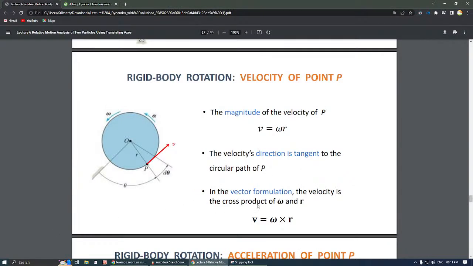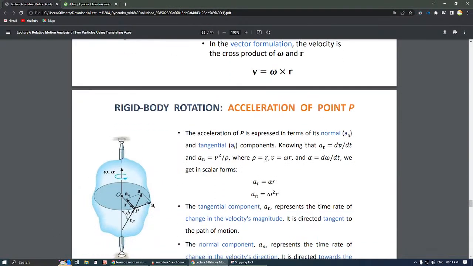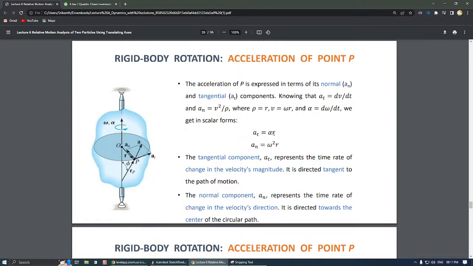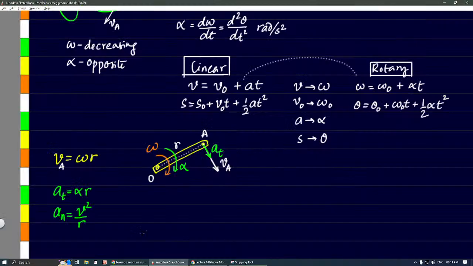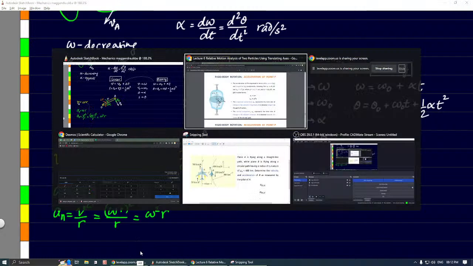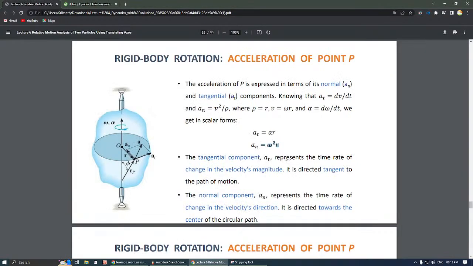Clear? Then here we have tangential, correct? And normal acceleration he has written in terms of omega. So if you substitute this value here, what we will get? Omega into r whole square, no? So one value of r will cancel. So omega square r can be written. Is this clear?